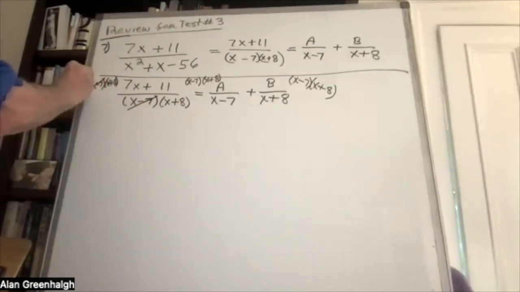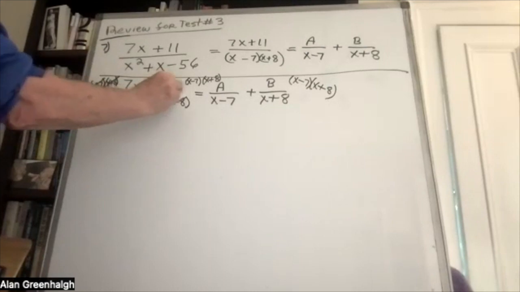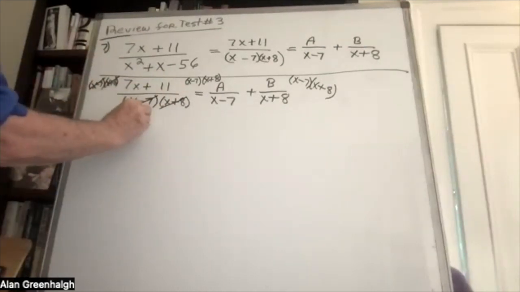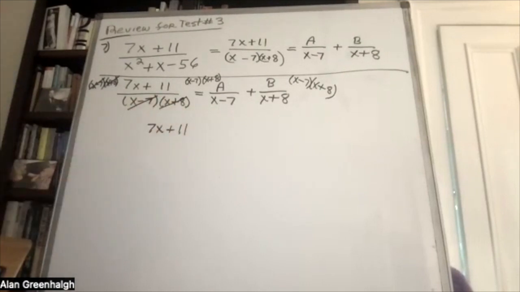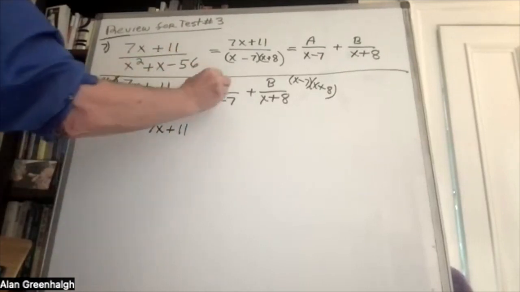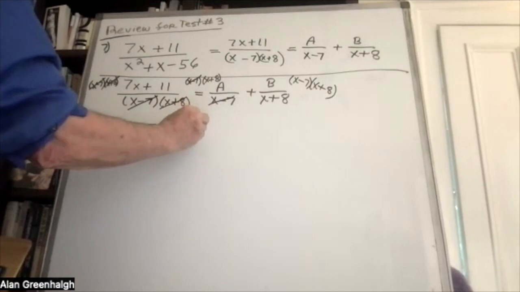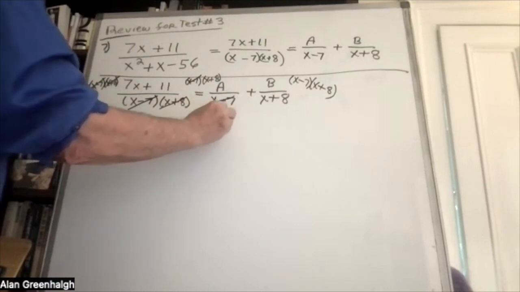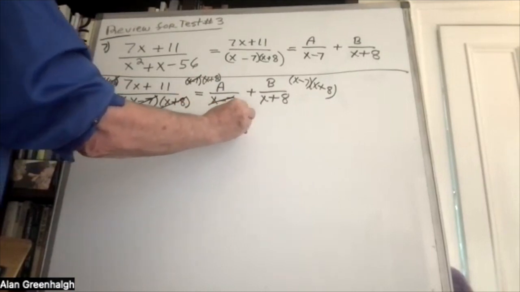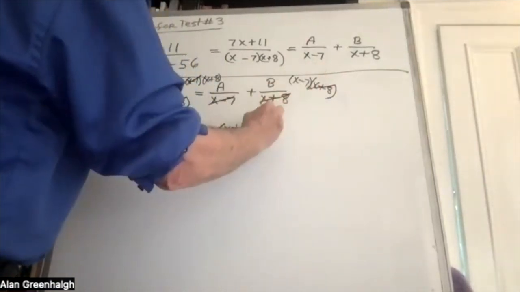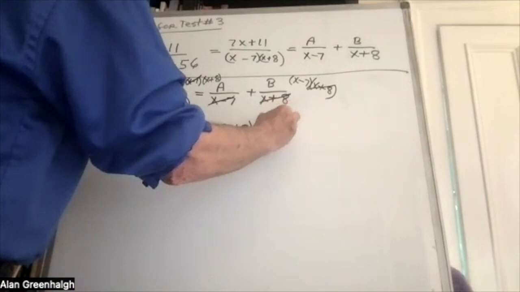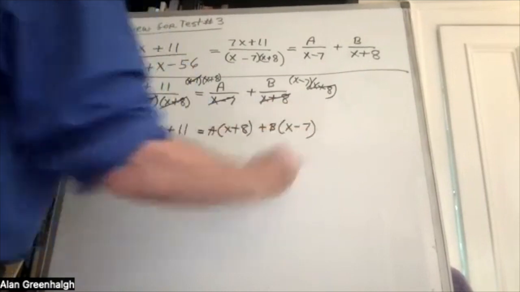Get rid of the x minus 7, get rid of the x plus 8. We wind up with 7x plus 11. Get rid of the x minus 7, we get a times x plus 8. Get rid of the x plus 8, that leaves us with b times x minus 7.